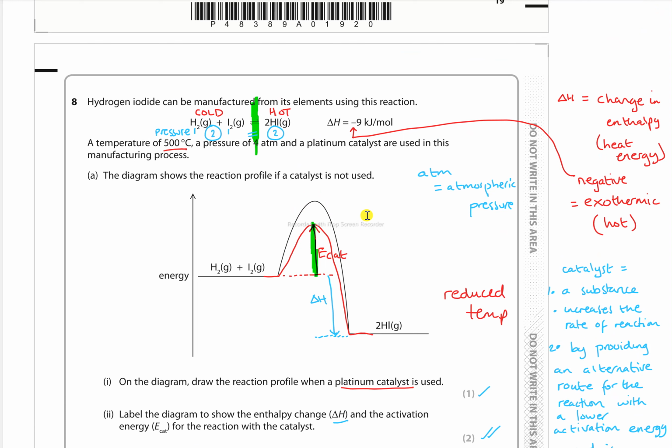Right, so what did we say? You've reduced the temperature, the system wants to go to the hot side, so it goes to the right, and there's a higher yield on this side. If the equilibrium shifts to this side, if the reaction goes to this side, you get high yield. On this side will be low yield.